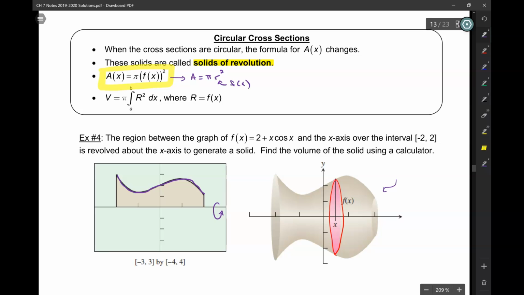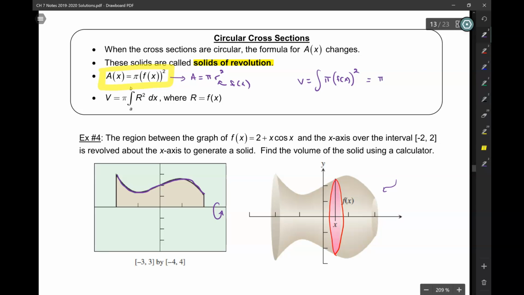Okay. Right? So then, in order to integrate and find the volume, volume is always going to be the integral of pi f of x squared. But I can always take the pi out, right? Because it's a constant.